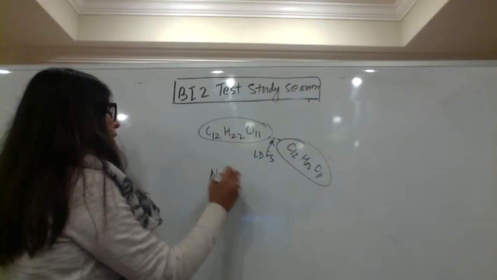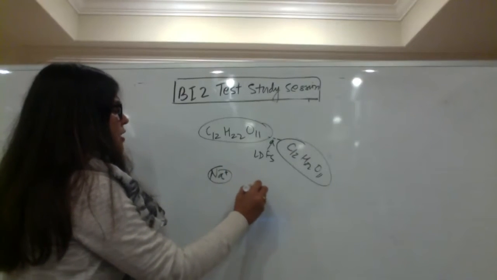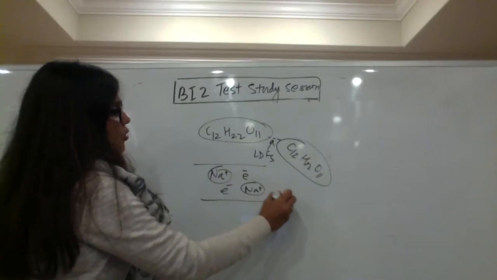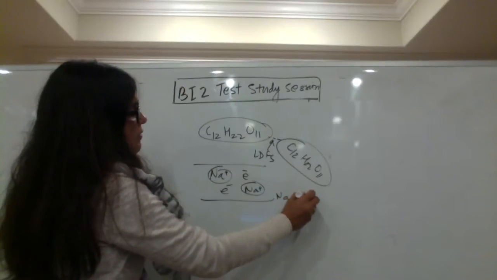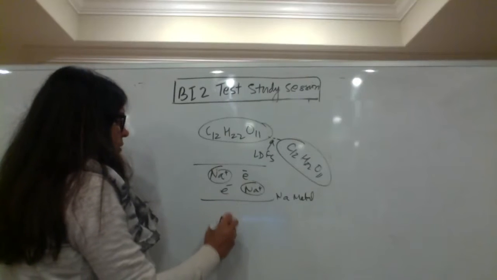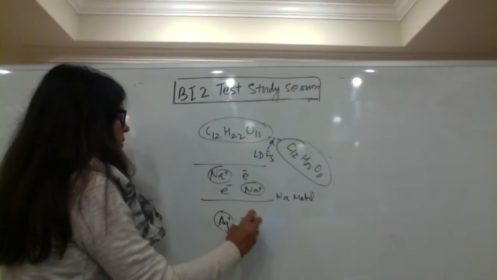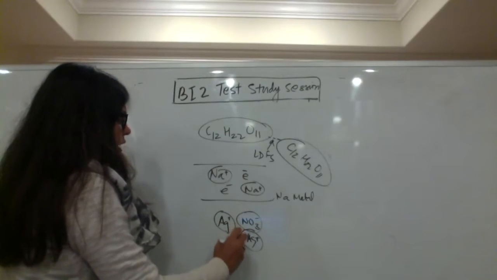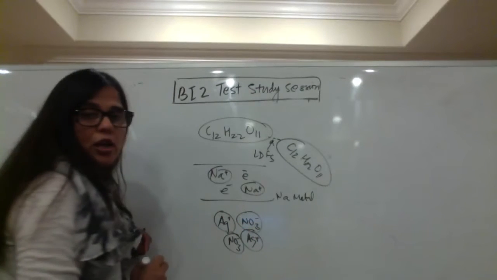Sodium metal by itself has the electron sea model, right? You know this, right? So this is sodium metal, and silver nitrate, which is Ag plus NO3 minus, is an ionic solid.